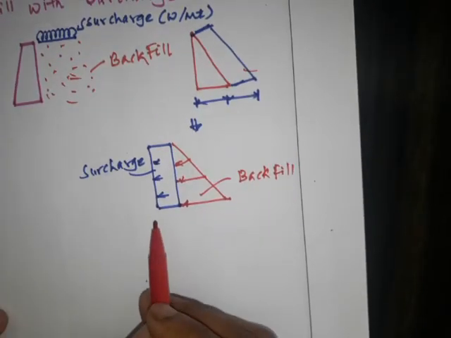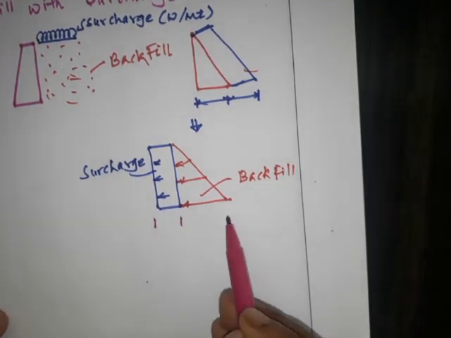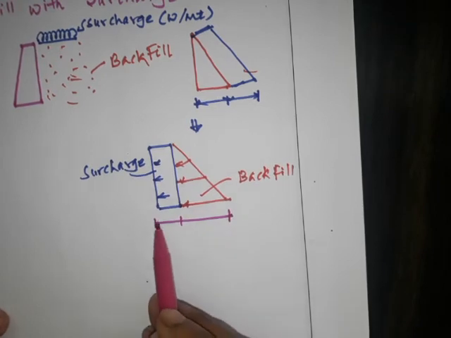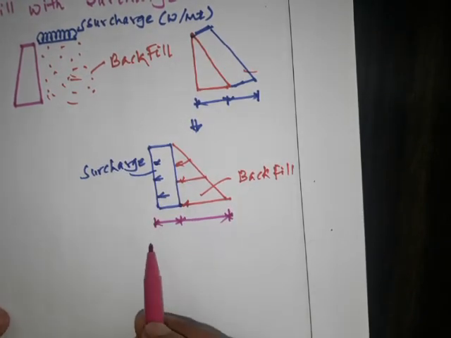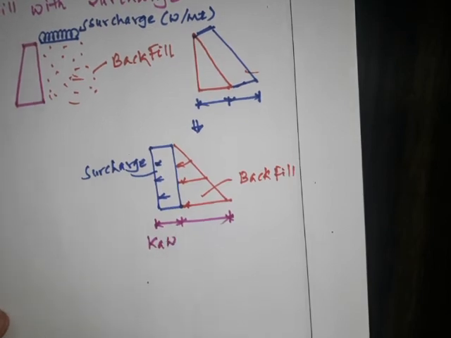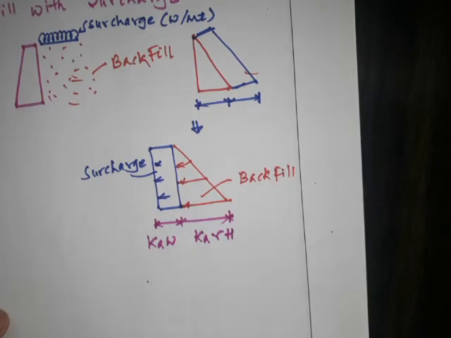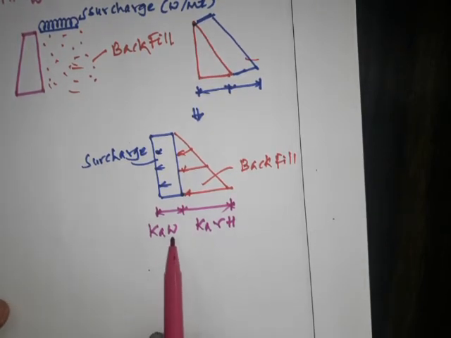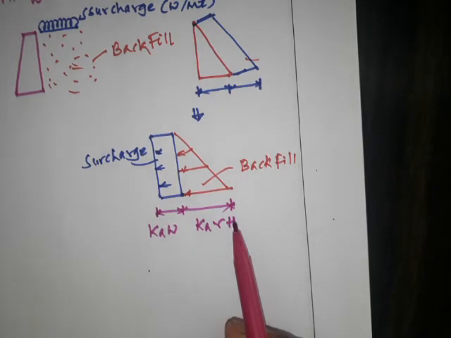So if I write the total, this will become K into W, where W stands for the weight of surcharge, and K into gamma into H, that is because of backfill.